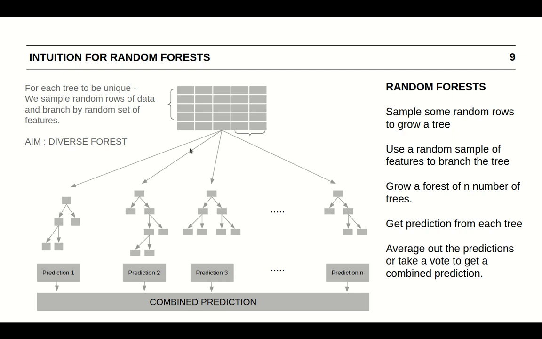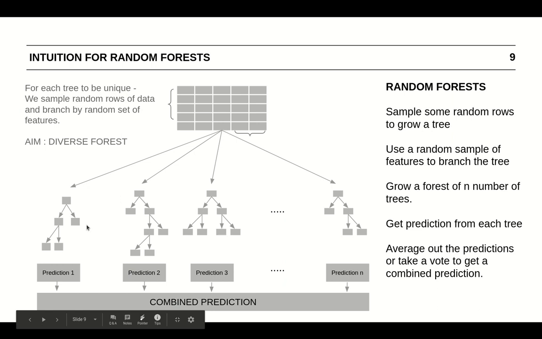So the way this works is we have a data set, we grow a bunch of trees using bootstrap aggregation so that all these trees are a little different from each other, and then we pass our test data through all of these models, which give us n predictions if we use n models, and we average out or count the most popular prediction, and that would be our combined prediction.